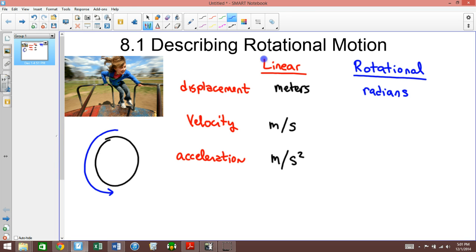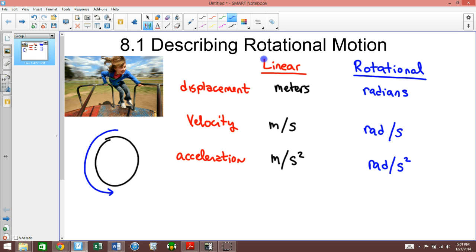So we may need a refresher on exactly what radians are. It's a measure of angular displacement. Velocity, it's going to be radians per second. And acceleration, you may have guessed, is going to be radians per second squared.